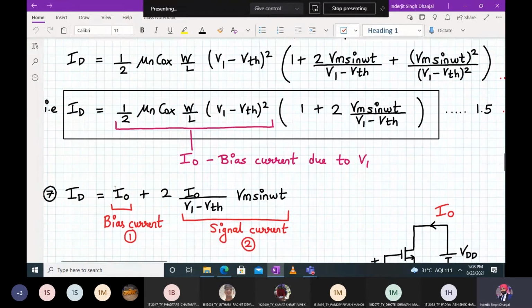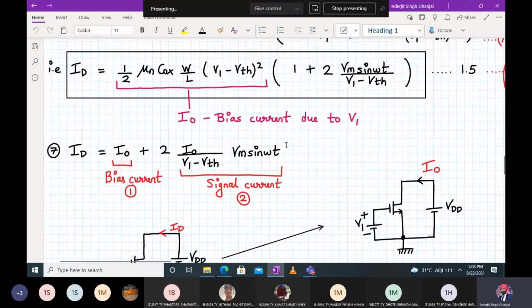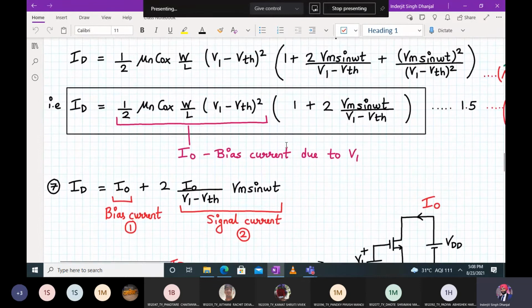So now if you look carefully in this equation number 1.5, this first term over here, half mu n Cox W over L (V1 minus Vth) the whole square, it's actually a bias current due to V1. Okay, because what happens is when we apply a DC voltage V1, there will be a bias current along with the DC voltage generated, and this is my bias current.